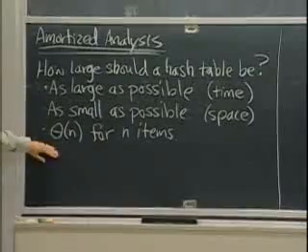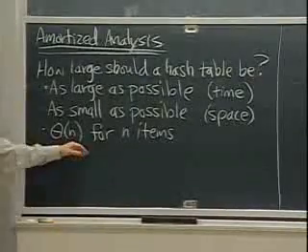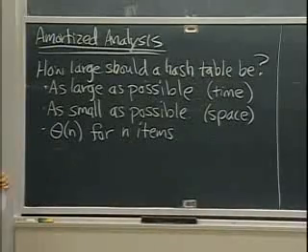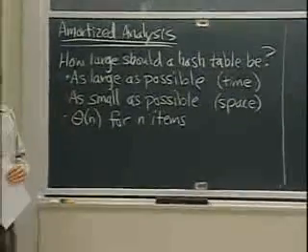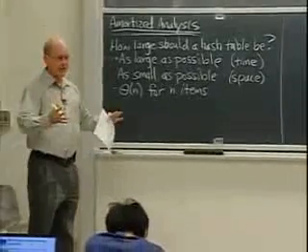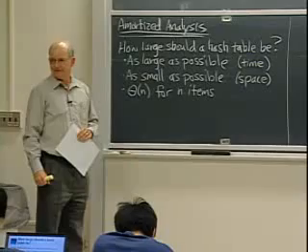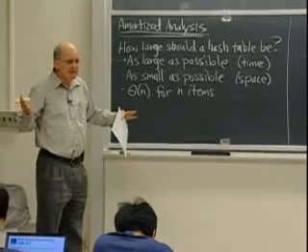However, this begs the question, which is, how do I make it? If I start out with a hash table and I don't know how many elements are going to be hashed into it, how big should I make it?